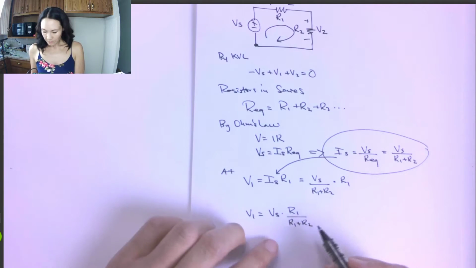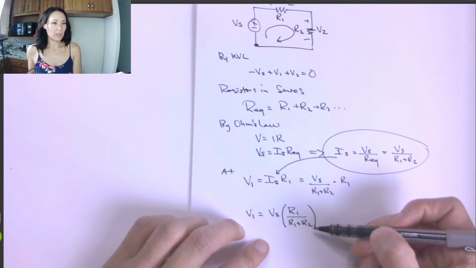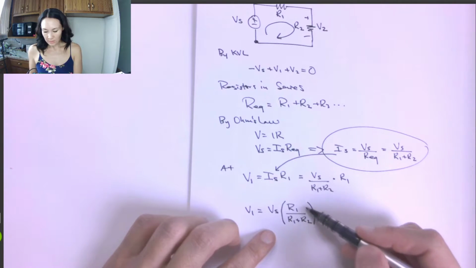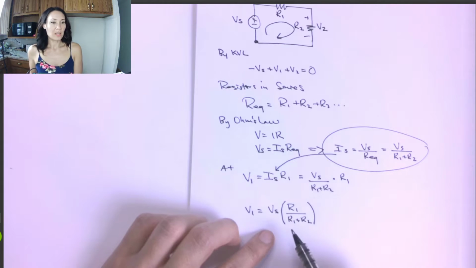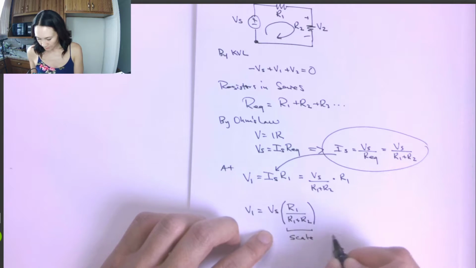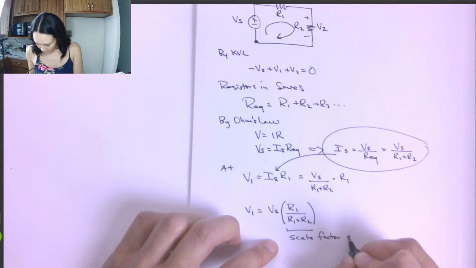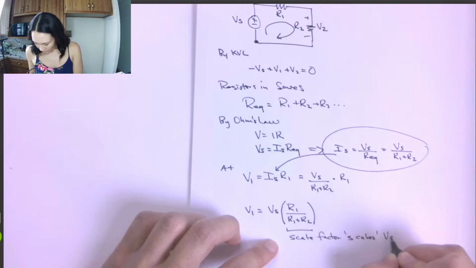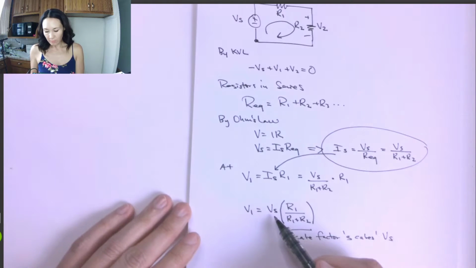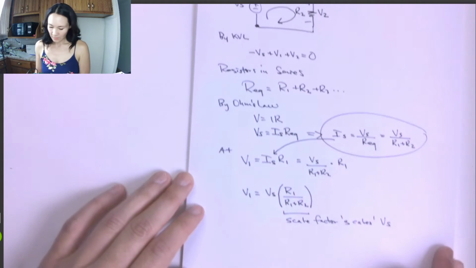Now this term is just a resistance divided by a resistance. Resistances are just going to be constants, right? So if you take a resistance divided by another resistance, this is going to give you another constant that's going to multiply our Vs. So we call this our scale factor. We call it the scale factor because it scales Vs. So that means we're going to take some constant, right, some fraction here, multiply it by Vs, and that will scale the source voltage, and that's going to give us our voltage drop, V1.